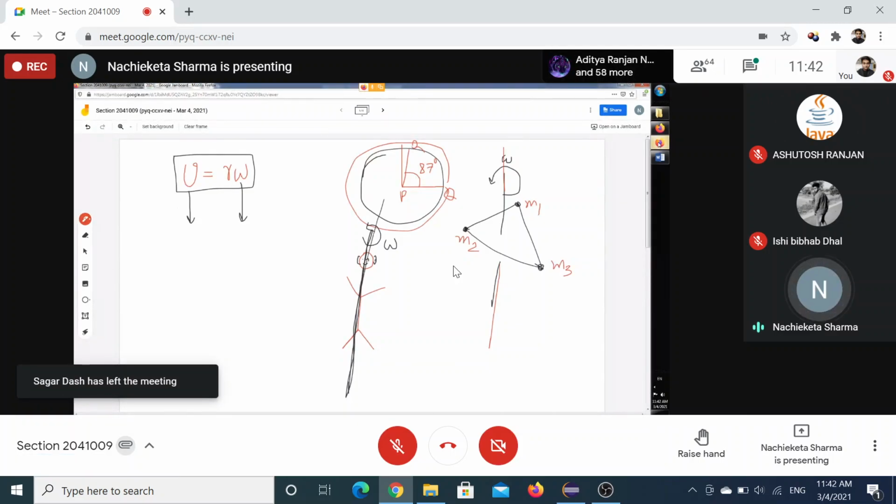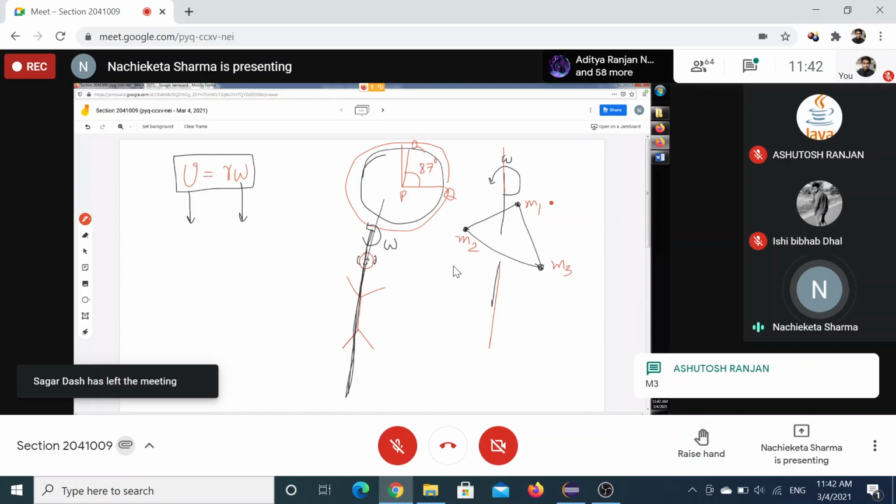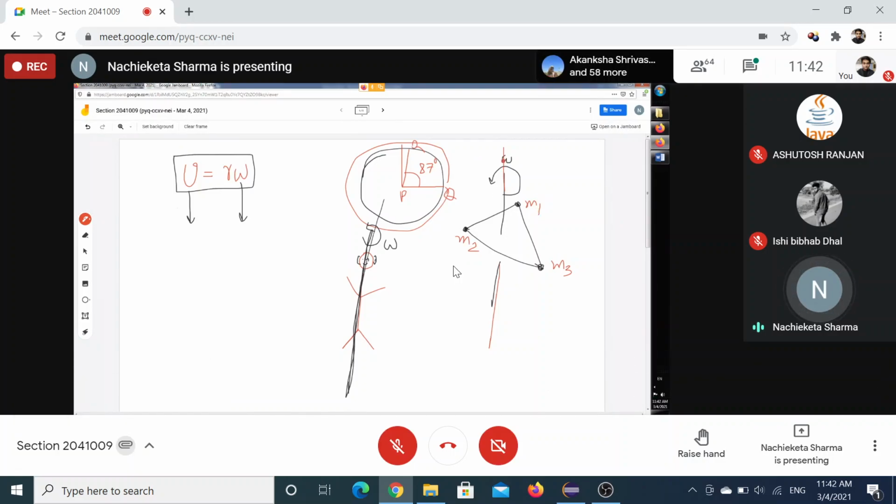The angular speed of all the mass points is the same. Okay, m1, m2, and m3 all will be rotating with the same angular speed omega. But the linear speed of m1 is least. Why will it be least? Because the perpendicular distance is only this much. Here the perpendicular distance is this much, and here it is this much. So m3 has a larger r, isn't it?